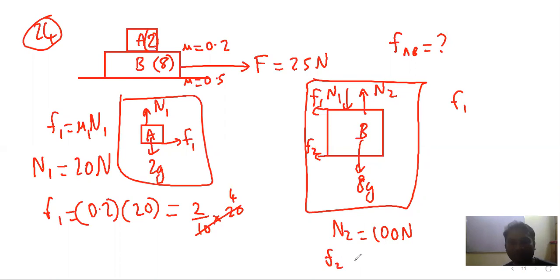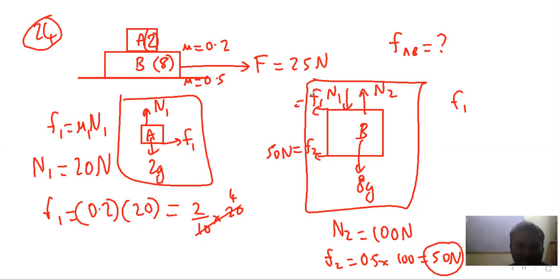So F2, friction on block B, will be mu2 into N2, so mu2 is 0.5 into N2 is 100. So friction here will be 50 Newton. F1 maximum value of static friction, if at all, will come out to be 4 Newton.